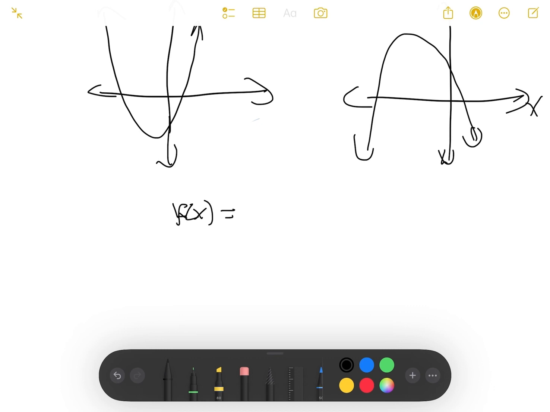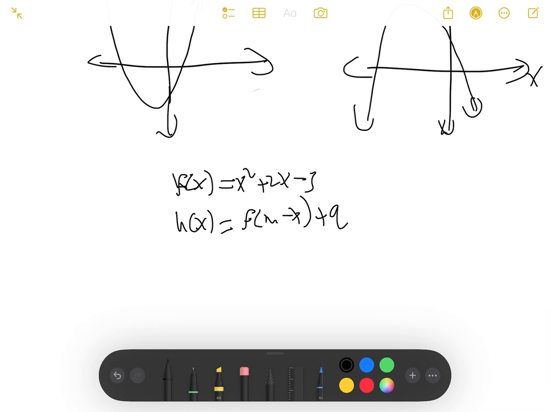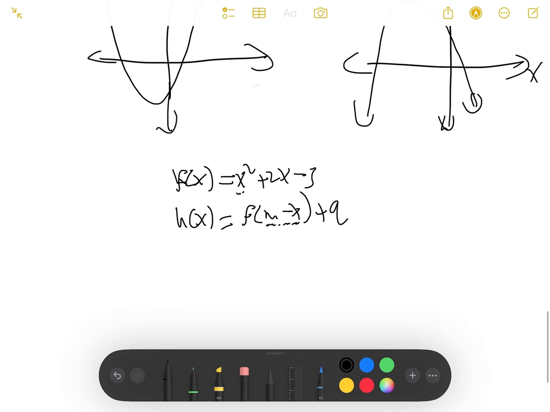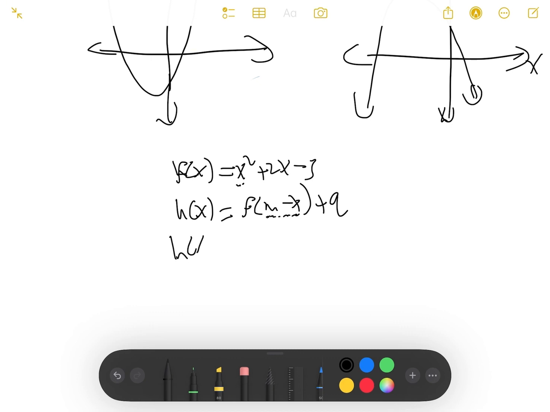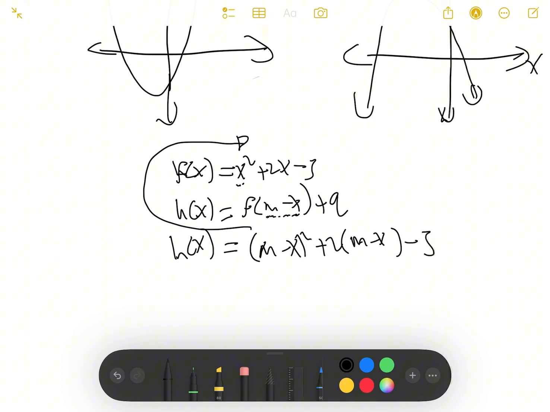Remember, f of x is equal to x squared plus 2x minus 3, right? And then we're given h of x being equal to f of m minus x, plus q, right? In such a case, instead of having x as we had before, x now becomes m minus x. So in essence we have h of x, which is equal to, in brackets, m minus x squared, we're substituting over here, plus 2 times m minus x, and then minus 3.